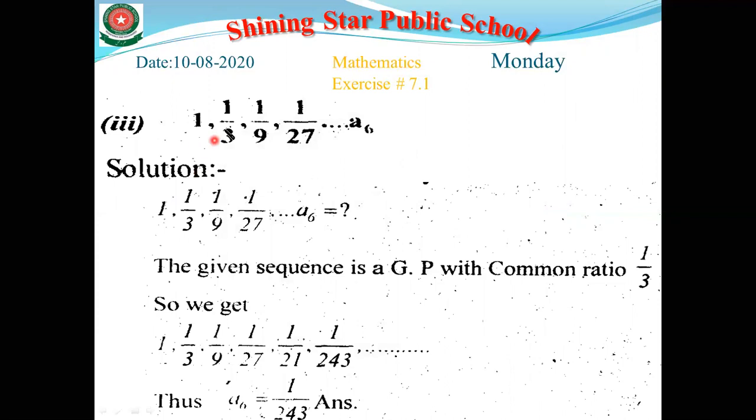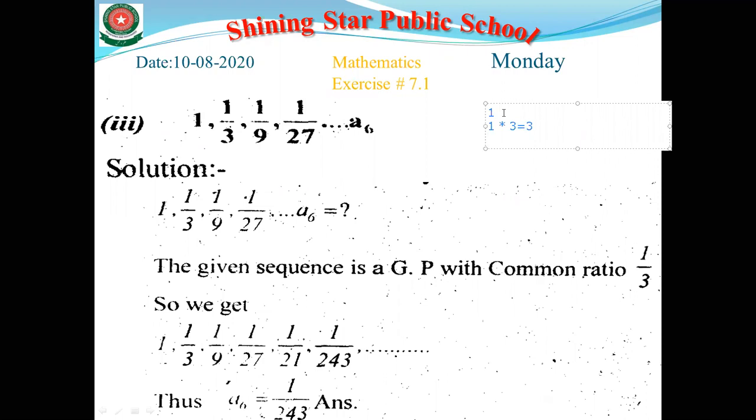Now 1, 1 over 3, 1 over 9, 1 over 27. Find the A6. We know that in the numerator we have 1, so we check the denominator. In the denominator, we have 1 multiply 3 multiply 3 multiply 3. If we multiply 1 by 3, that is equal to 3, the second term.